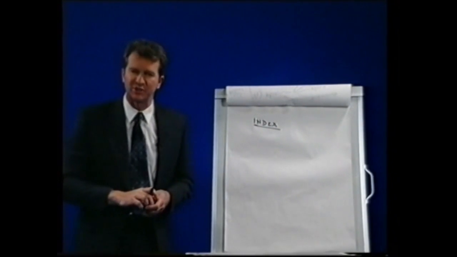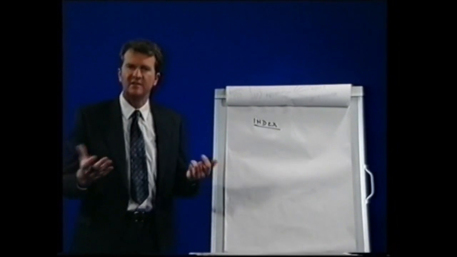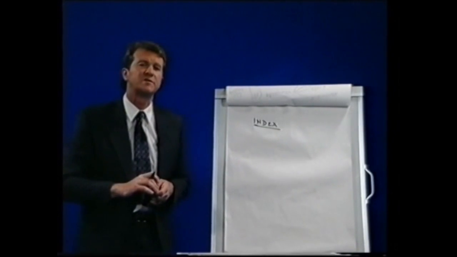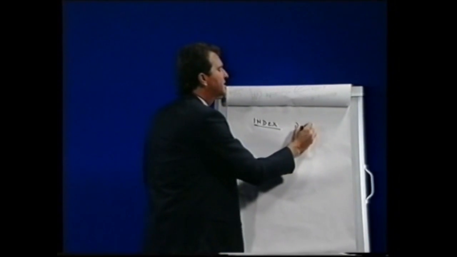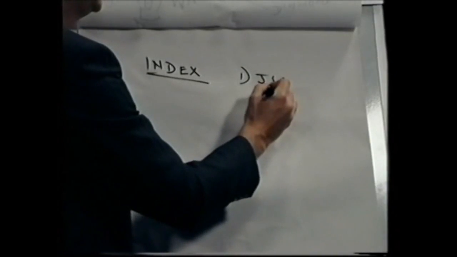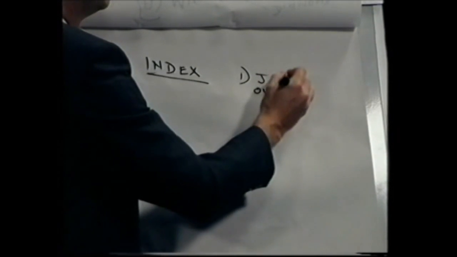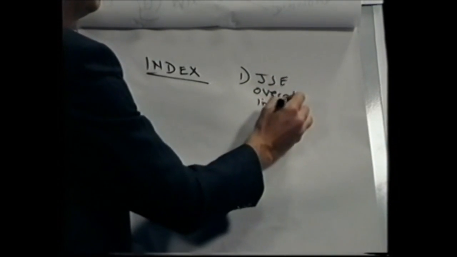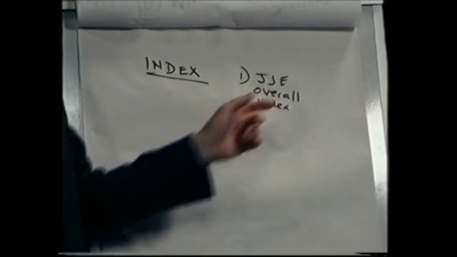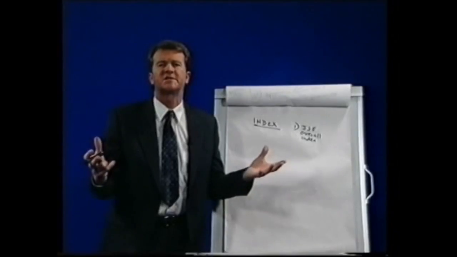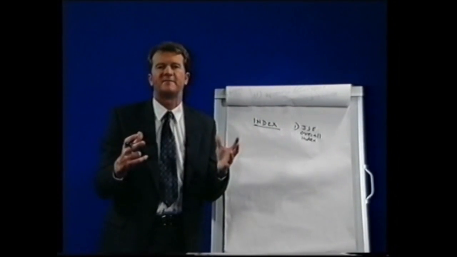Now, if you turn on your television in the evening, you'll generally find that there's a section devoted to the business report. And in that business report, they might quote what is known as the JSE Overall Index. The JSE Overall Index refers to all the shares on the stock market clumped together.